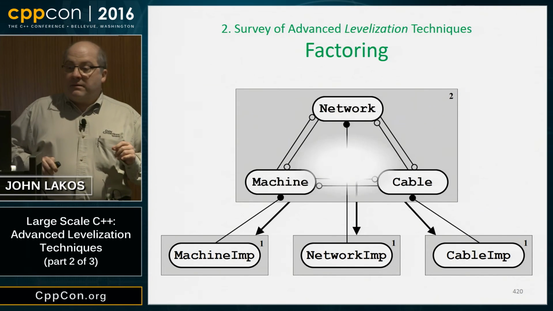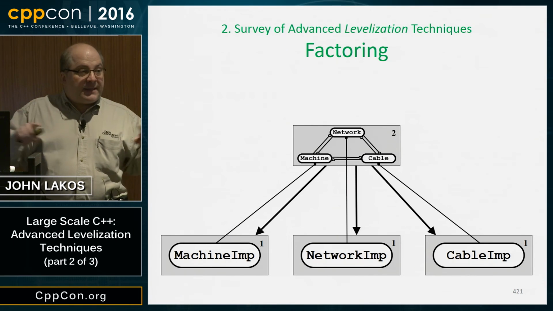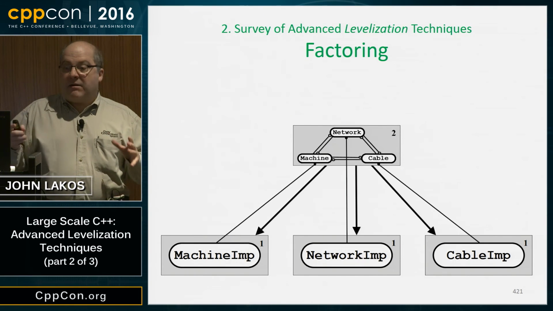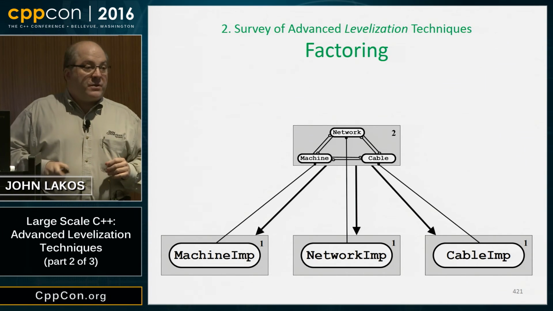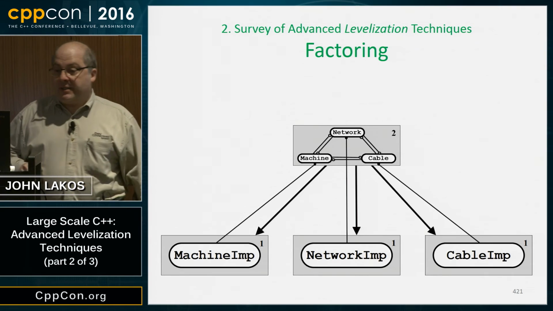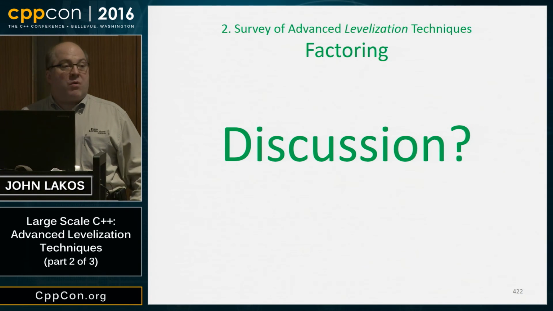It becomes smaller. It fits inside its complexity bounds, because now all you're doing is providing the wrapper that refers to the separate implementations. And this is basically what there is to factoring. There are probably many more ways to factor something, but this is basically the idea.